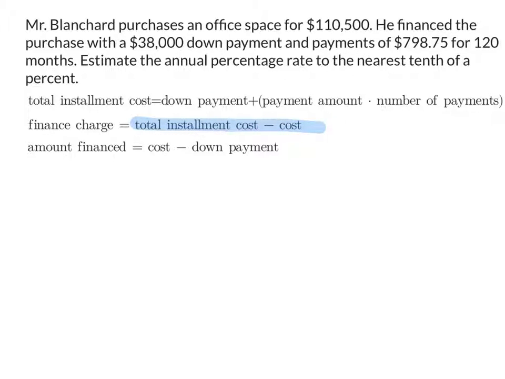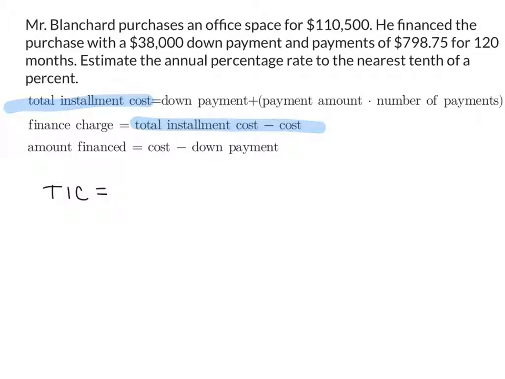So before I can compute the finance charge, I have to find the total installment cost. Our first step is to find the total installment cost, and I'll use the formula on the screen. I'm going to shorthand the total installment cost by writing TIC to represent that value.